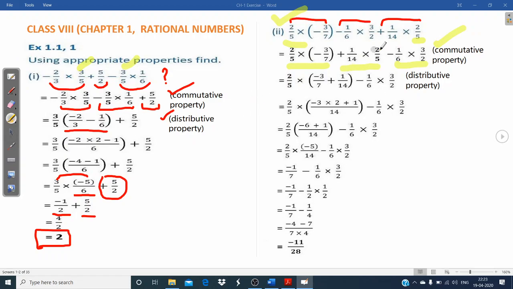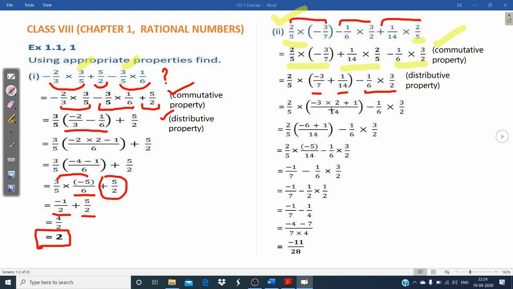Now next step, we take 2 by 5 common. Since we have taken 2 by 5 common, what's left in the first term is minus 3 by 7, plus sign as it is, and in the second term what's left is 1 by 14 with the minus sign as it is. Now we will solve the bracket first.